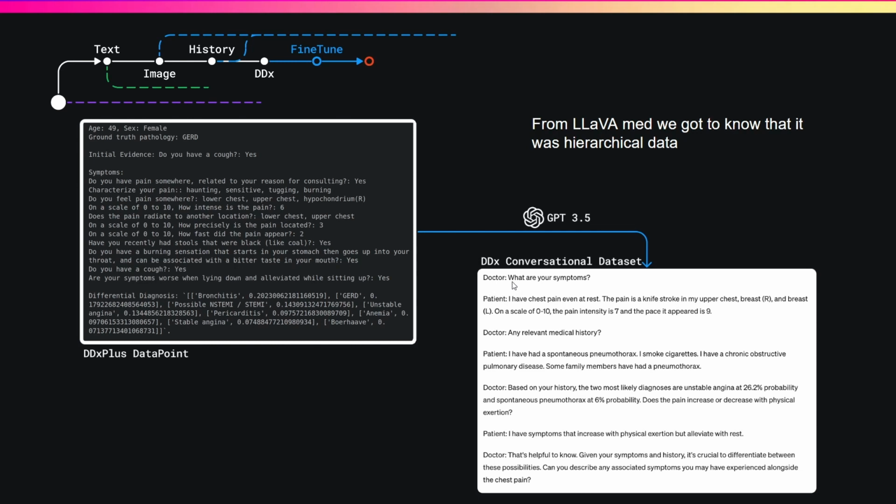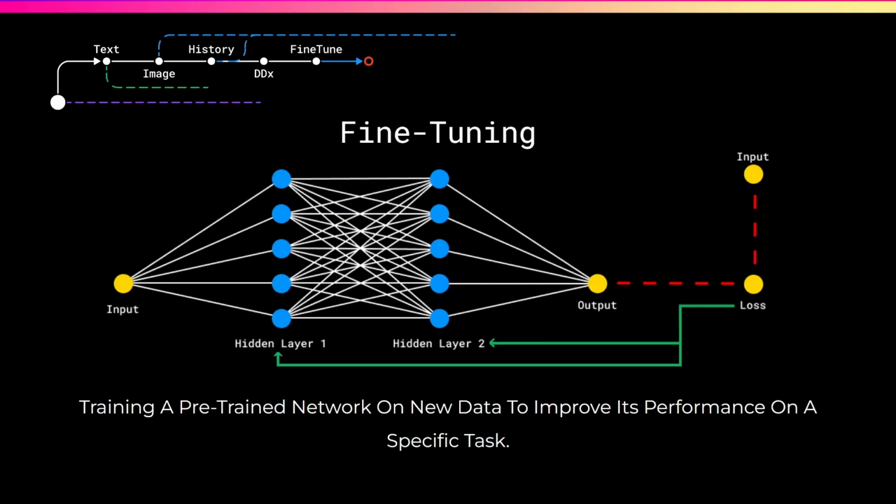So this is a simulated artificial conversation between a doctor and patient. The doctor asks, "What are your symptoms?" Then the patient says that they have chest pain, and addresses and describes it. This is how it was described in this data set, and this is accurately transferred here in this conversation. So we prepared this conversation data set that was compatible with LLaVA-Med for fine tuning.